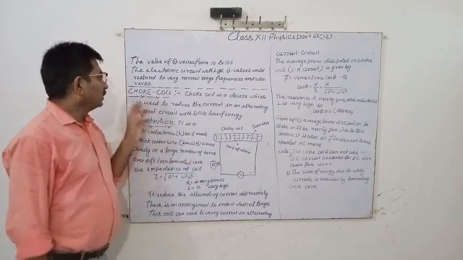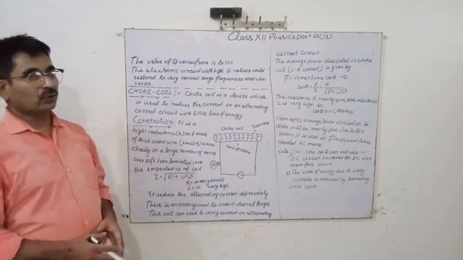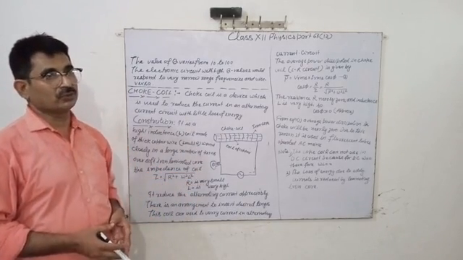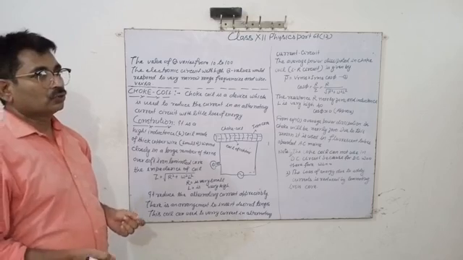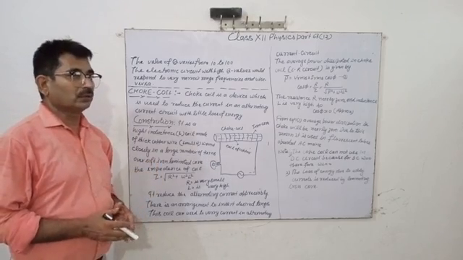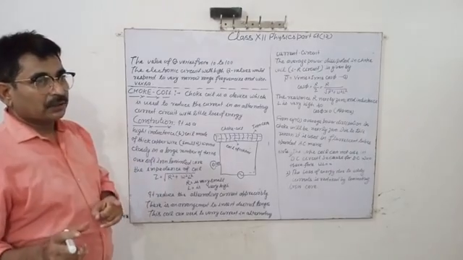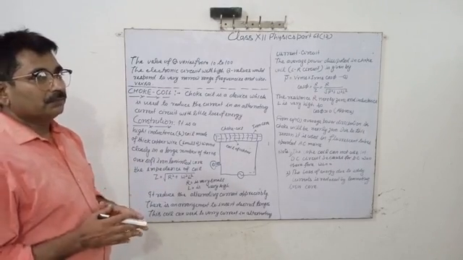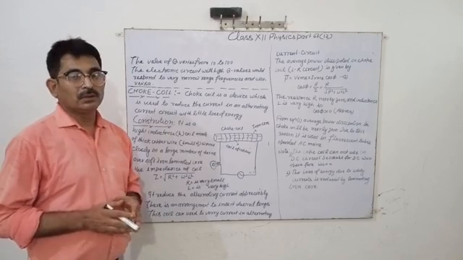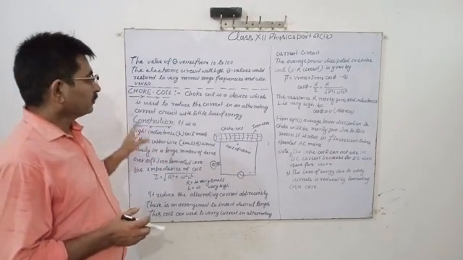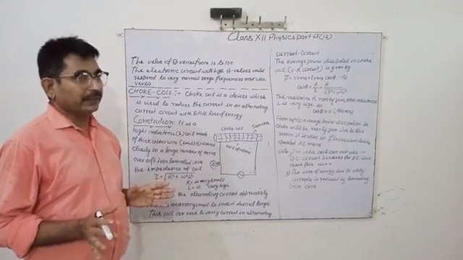Now here, the choke coil. The working of a choke coil is similar to that of a resistor in a DC circuit. A choke coil is used to control the current in an AC circuit, while a resistor is used to control the current in a DC circuit, but with loss of energy.